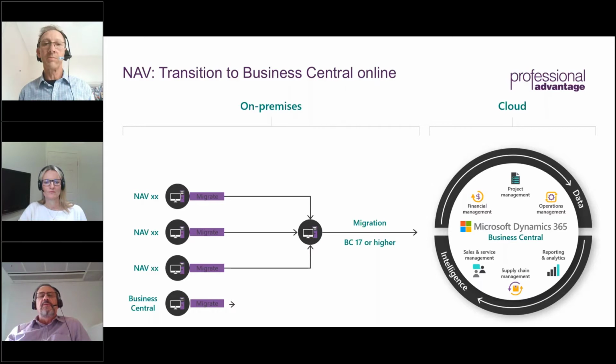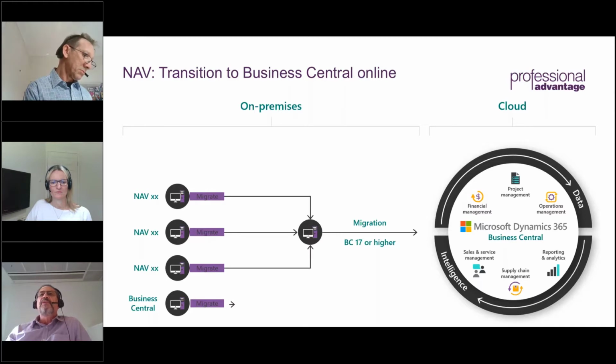Sammy's already mentioned that NAV has evolved over the past 31, 32 years, and many new enhancements have come into the system. So currently we're on Business Central version 17, but in 2020 we've had a couple of updates. To give you an idea, there are things like bank reconciliation, which came in around 17.1 or 17.2 in the middle of 2020.